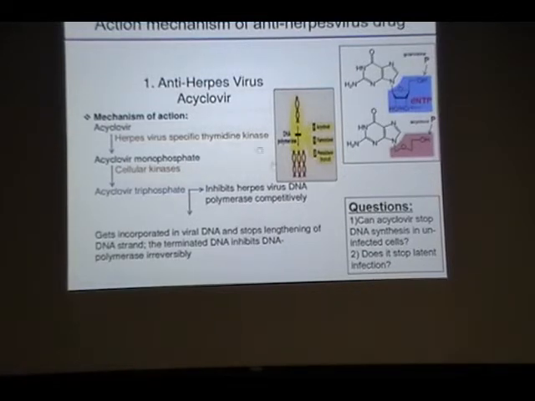Because of this feature of the herpes virus thymidine kinase, people are trying to take advantage of it. We use this feature to actually kill cancer cells. There are people who make a recombinant virus that can express this viral thymidine kinase under the control of a promoter that comes from a tumor cell.